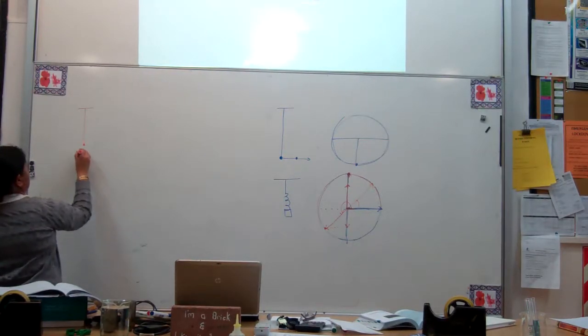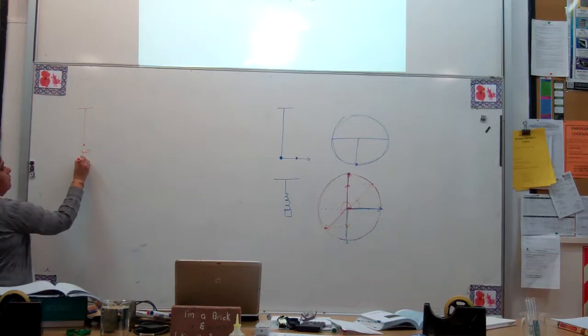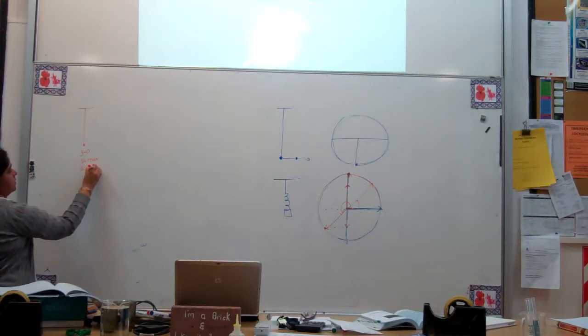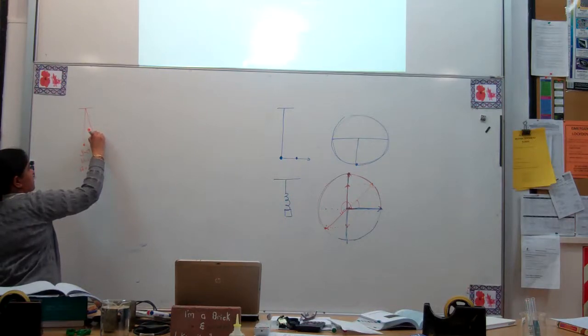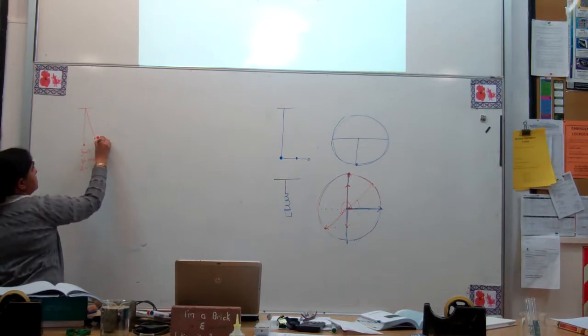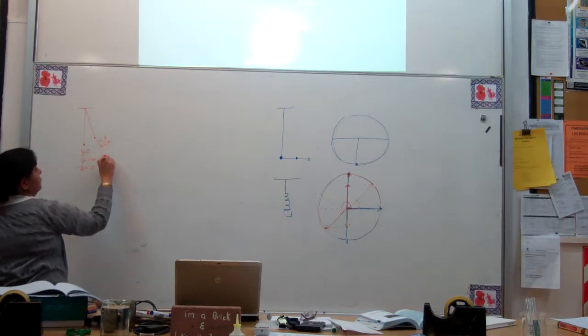Pendulum. Displacement here, how much? 0. Velocity, maximum. Acceleration, 0. What about this point here? Displacement, maybe A. Acceleration, directly proportional to A, but negative.